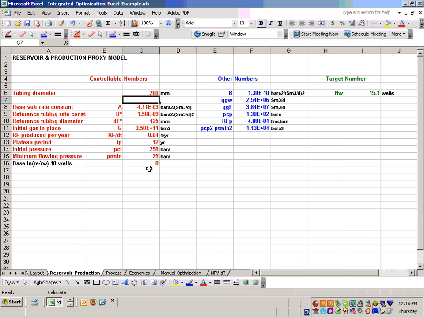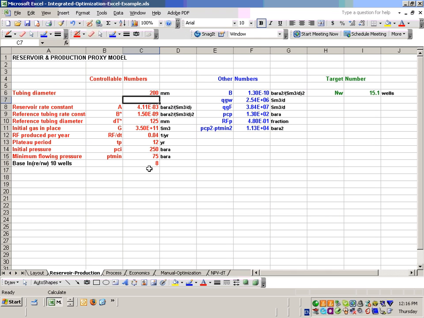Any other ideas on turning this into a local optimization for the reservoir production group? Okay, I'm going to give you one. We'll do lunch at 12:30. This is something you all can do. I want you to find the initial gas in place. This is a new discovery, and there's an uncertainty in the initial gas in place.